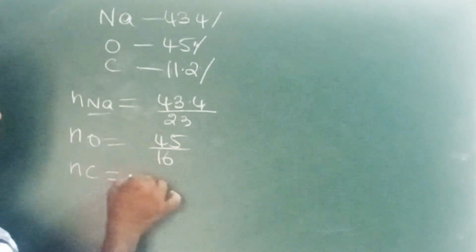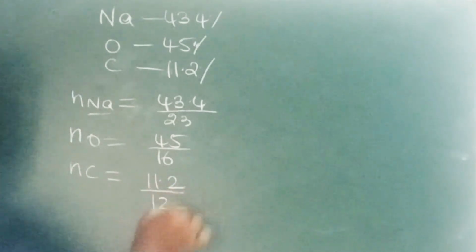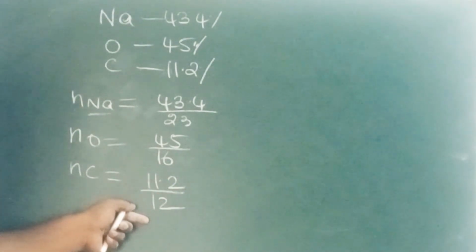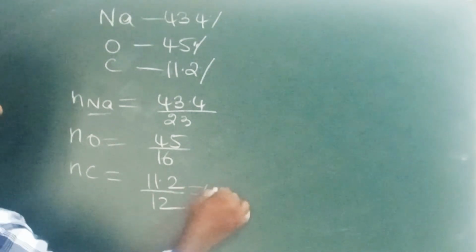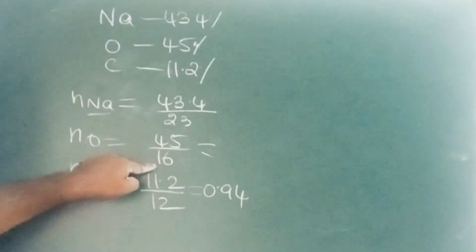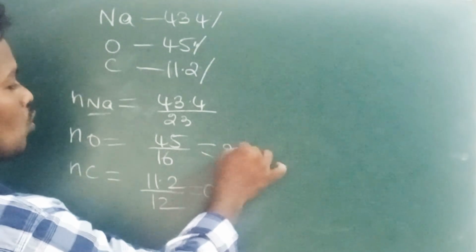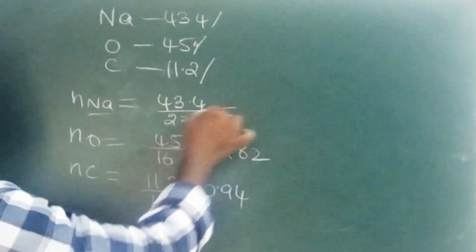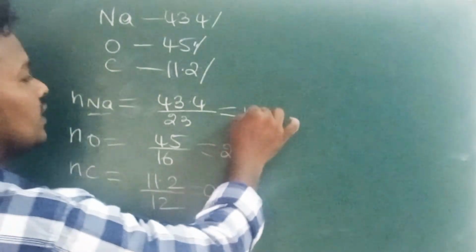Number of moles of carbon is 11.2 percentage by 12. So if you do the simplification you will get 0.94, then 45 by 16 gives 2.82, and 43.4 by 23 gives 1.88.